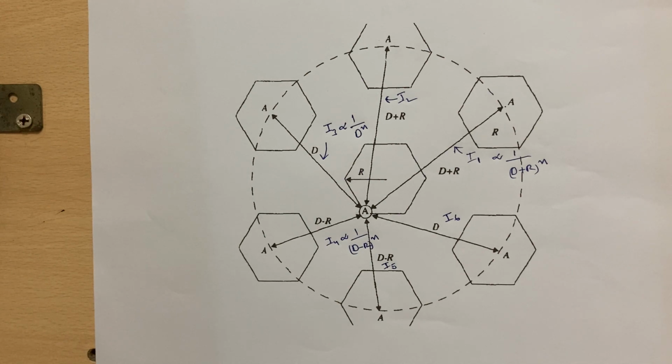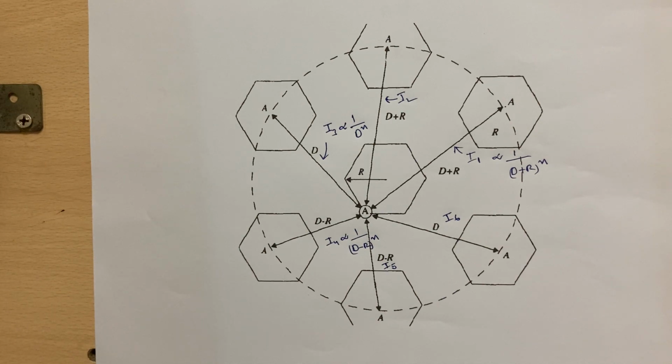We have taken the actual distances D plus R, D, and so on, using geometry. But we'll take an approximation: say the reuse distance is very large compared to the cell radius.